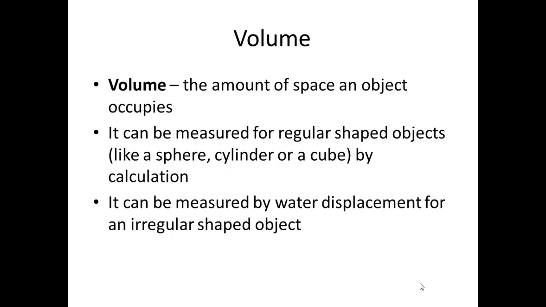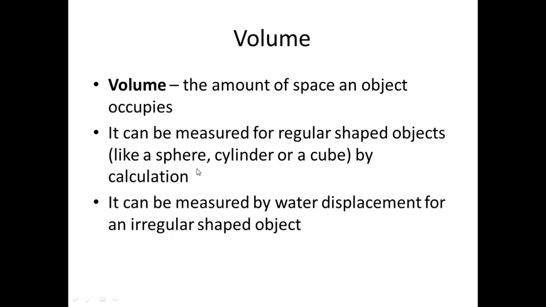Moving forward, volume is the amount of space an object occupies. So the amount it can be measured in a couple different ways. For a regular shaped object, which those are what you guys talk about in geometry, like a sphere, a rectangular prism, a cube, etc. You can calculate the volume by its dimensions, like by measuring its length and stuff.